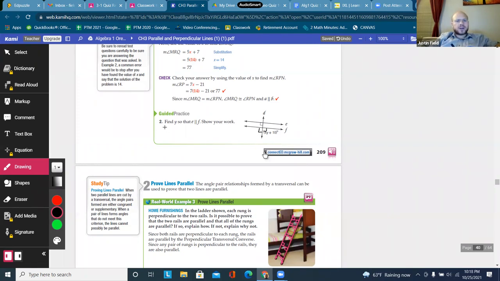And so the equation would be 4y plus 10 has to equal 90. So 4y equals 80. So then y equals 20. I think so.